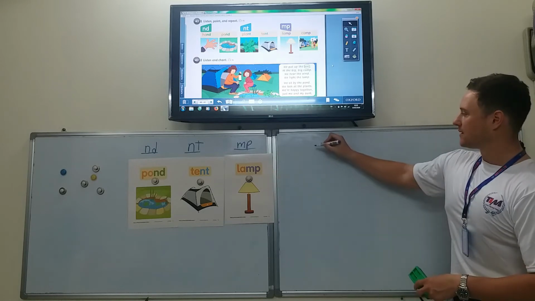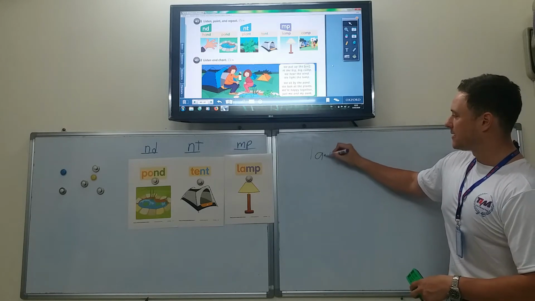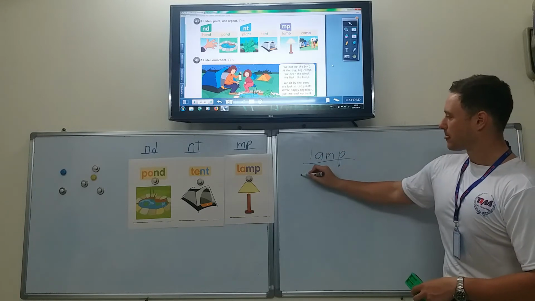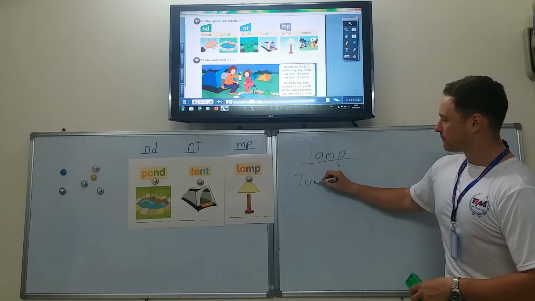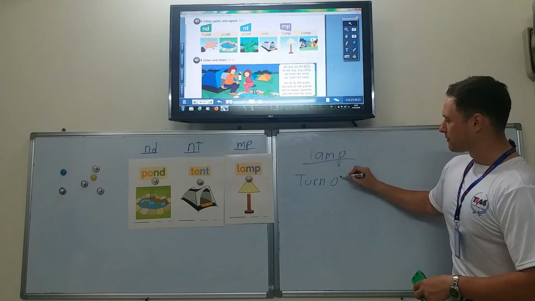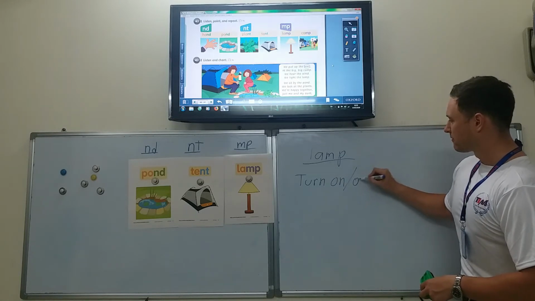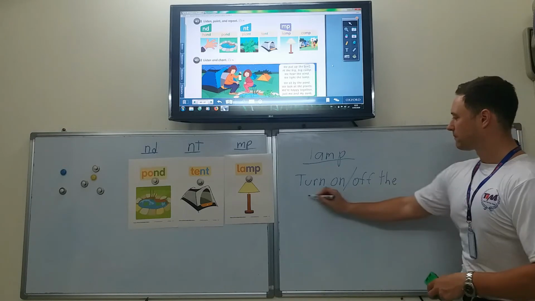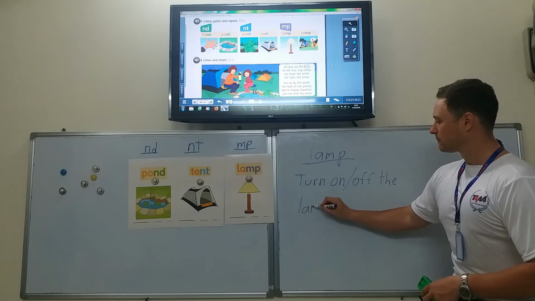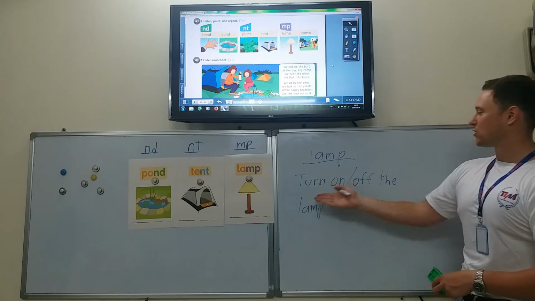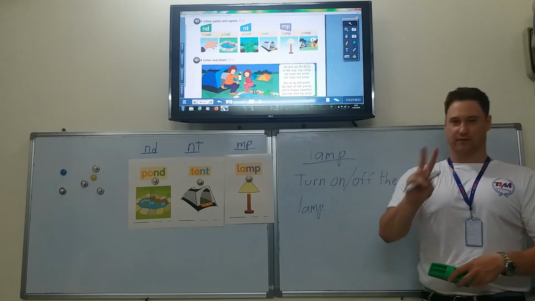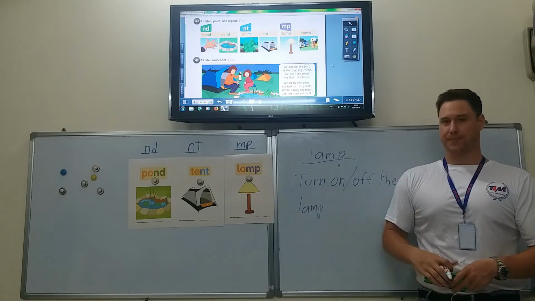Lamp. L-A-M-P. Turn on, turn off the lamp. Can you think of two more sentences for lamp?